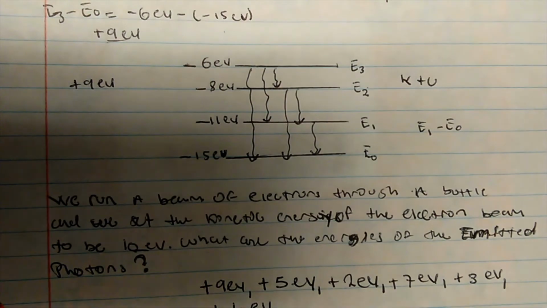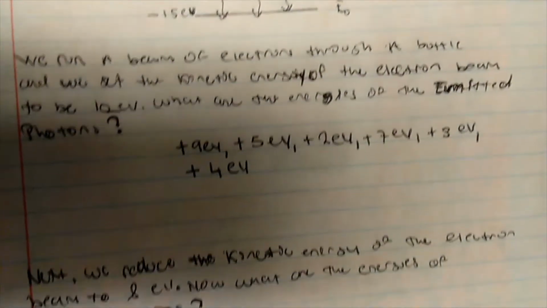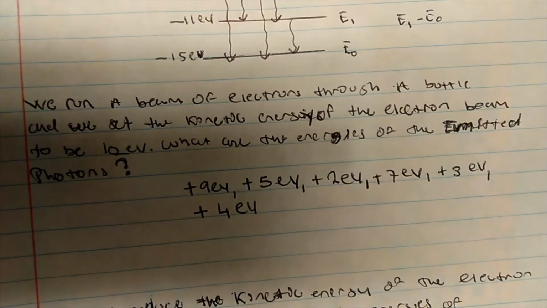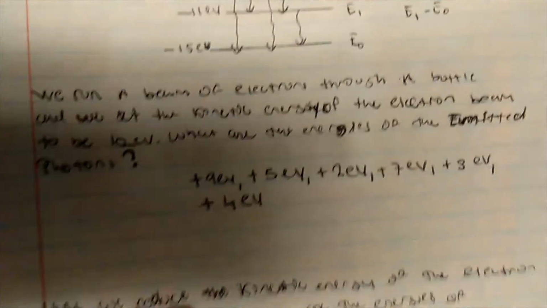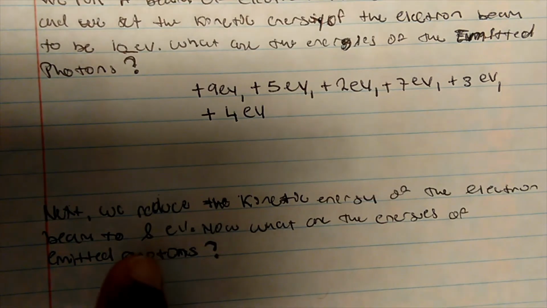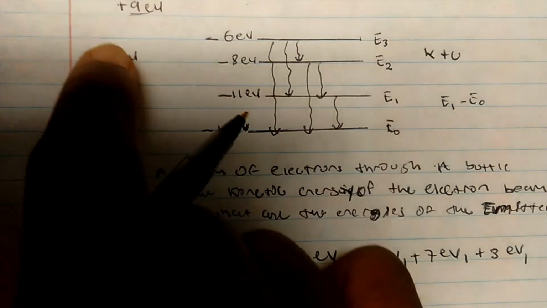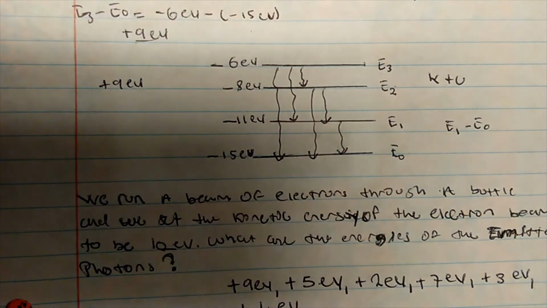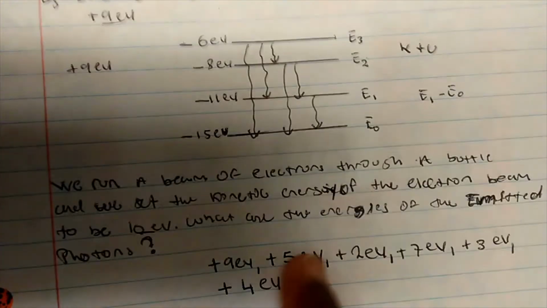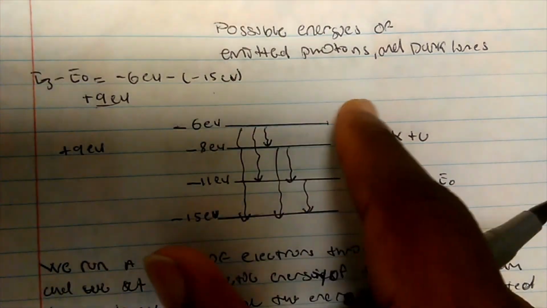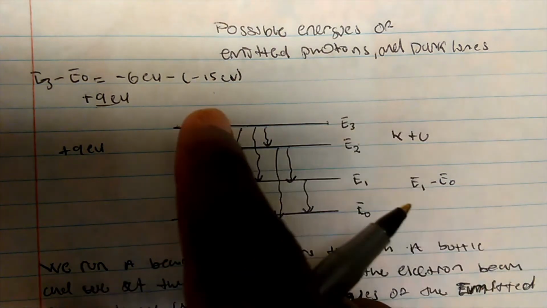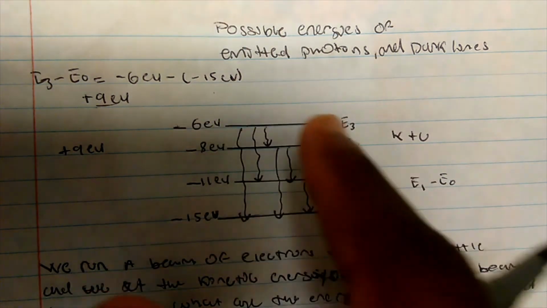This is interesting. The beam that we reduced it to, you can see that this is actually higher. So in fact, what this tells us is that we got to cut off not the ground state, we got to cut off the highest energy levels.